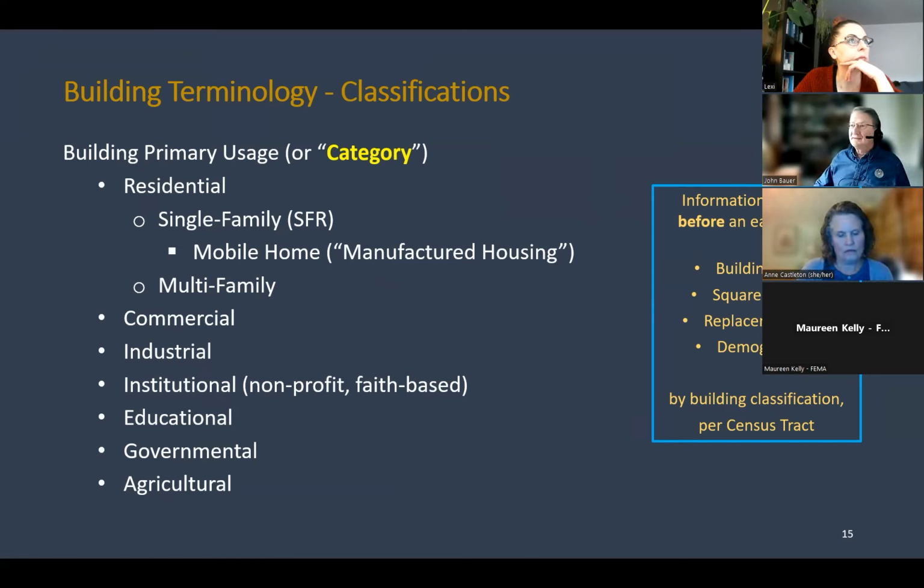And by that you mean the information about where you have blocks and tracts of mobile homes or manufactured housing, which are especially vulnerable. Yes. You have demographics information, you have building count, square footage. That's all known prior to the earthquake.